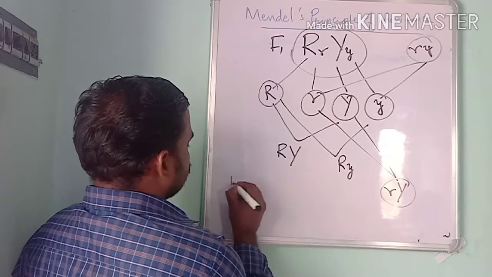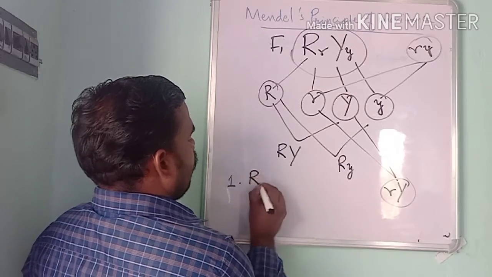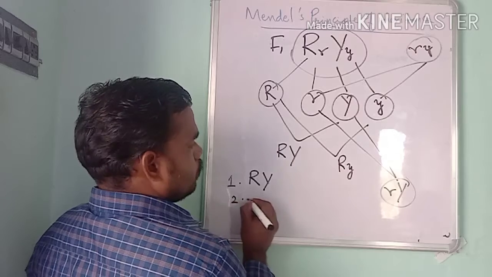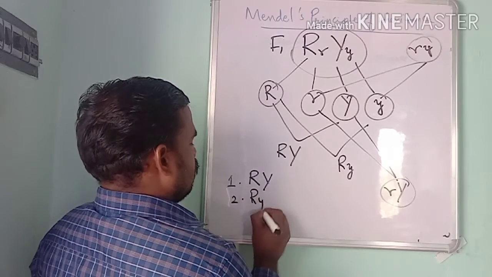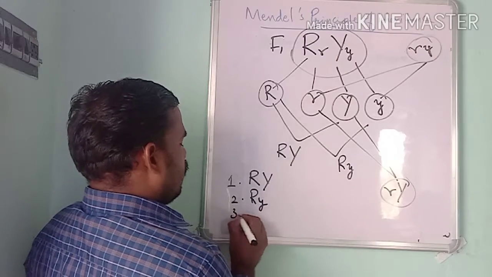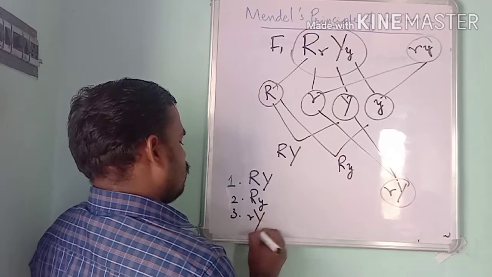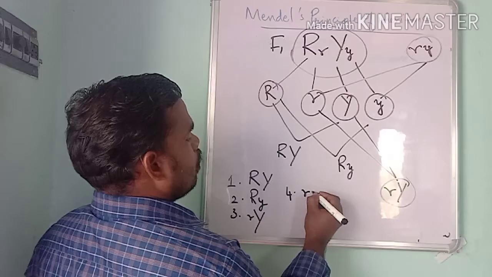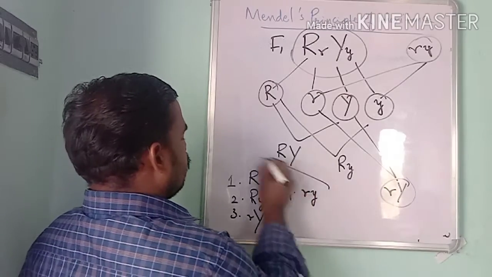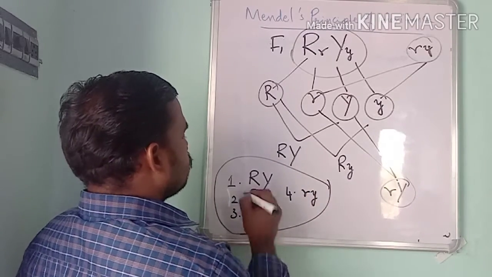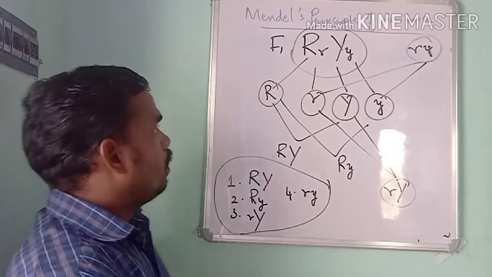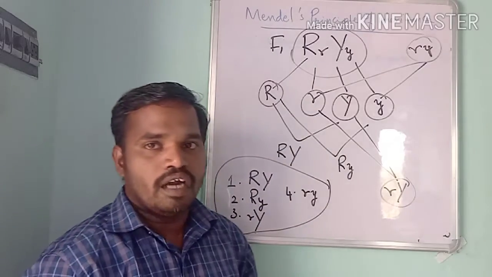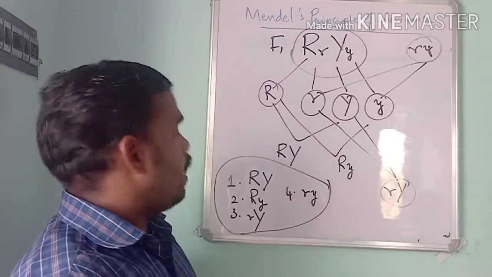Number 1, RY. Number 2, Ry. Number 3, rY. Number 4, small r, small y. These are the four possible gametes formed in the F1 hybrids of dihybrids.